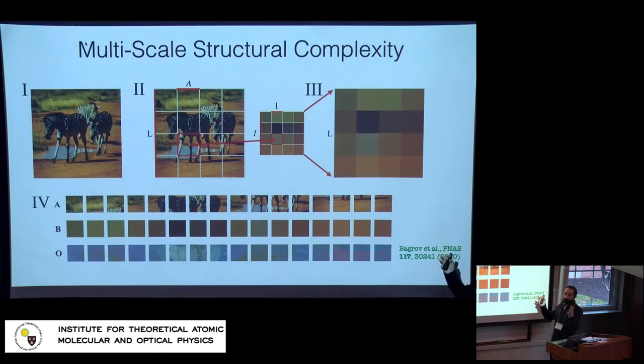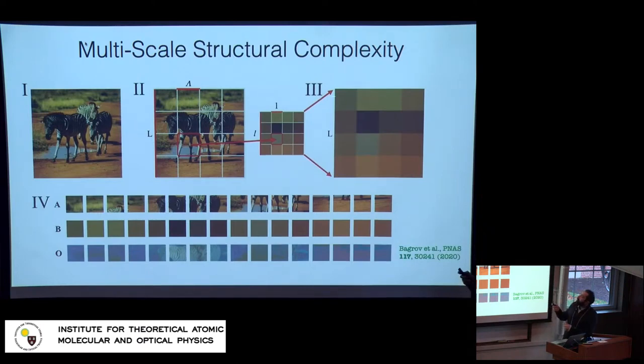So it's just a repeating of these averages. And then in the last step, you calculate the inner product of this rescaled or coarse-grained image and the original image. That overlap gives you one number.